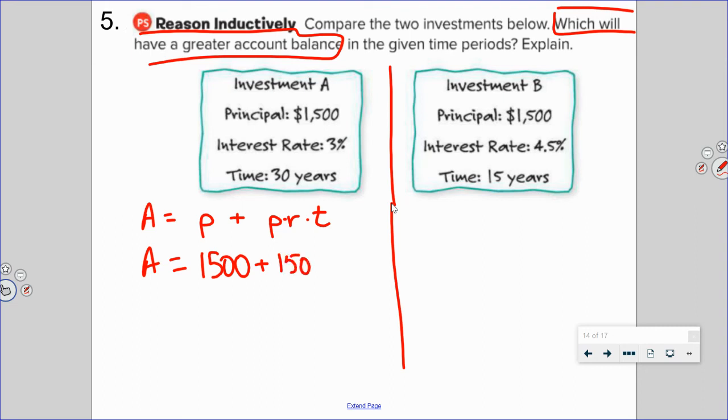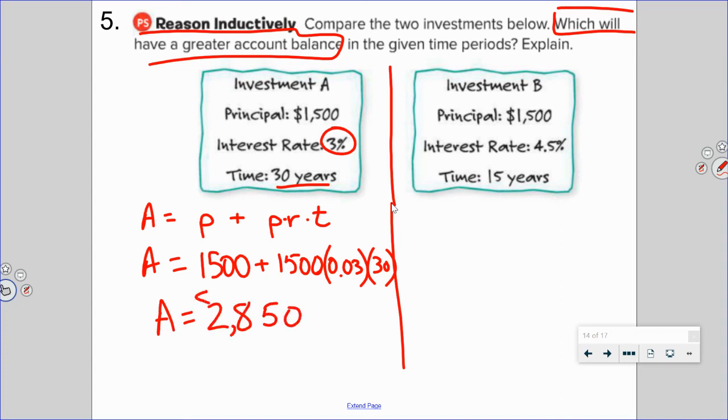Now, to find the interest, we multiply 1,500 times the rate, 3%. We're going to change that to decimal form, times the time of 30 years. And when we compute those, we will get a total amount of $2,850.